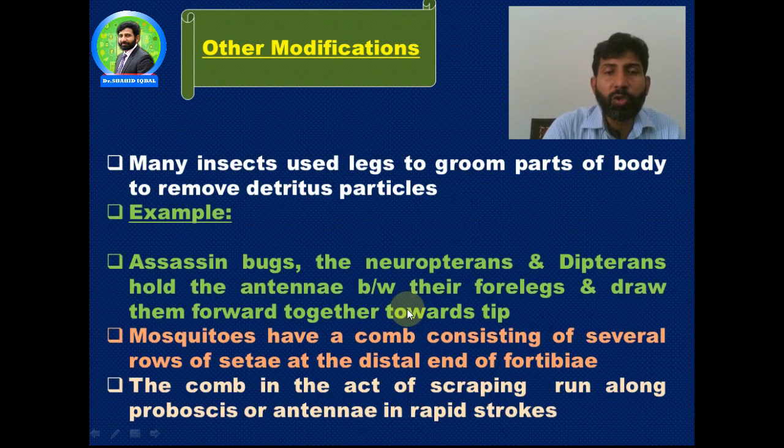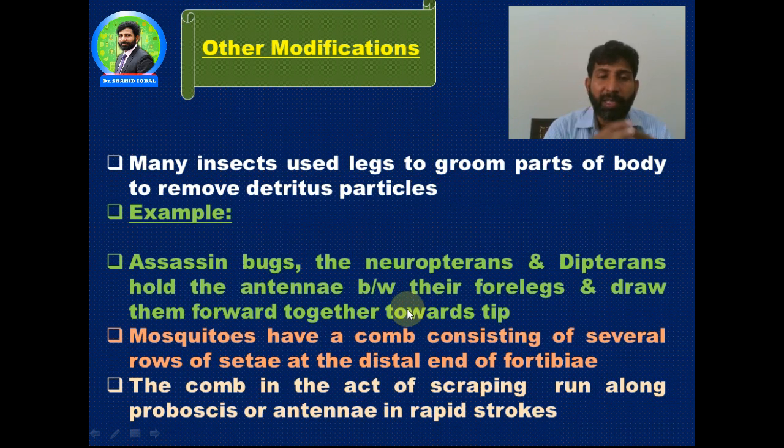Many insects use legs to groom parts of the body to remove detritus, dead decaying matter or particles. When insects are entangled with some debris, they have to groom their body. They can remove all the debris attached to their body.